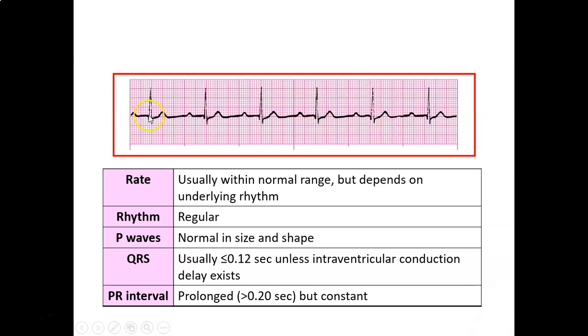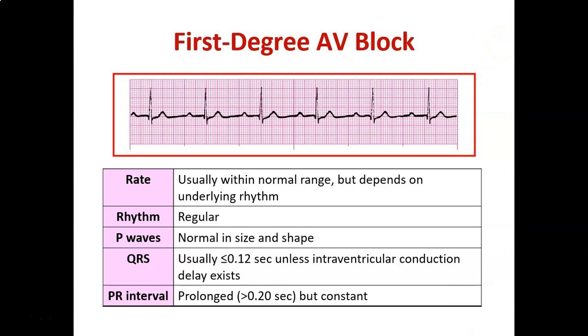Now QRS duration is normal, it's narrow. But if you look at the PR interval, this is prolonged. This is more than one big box. So this is your first degree AV block.